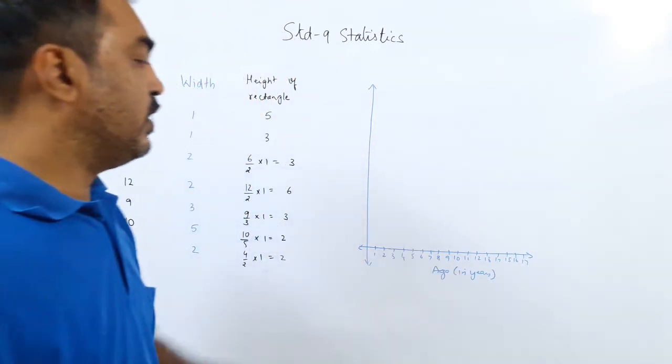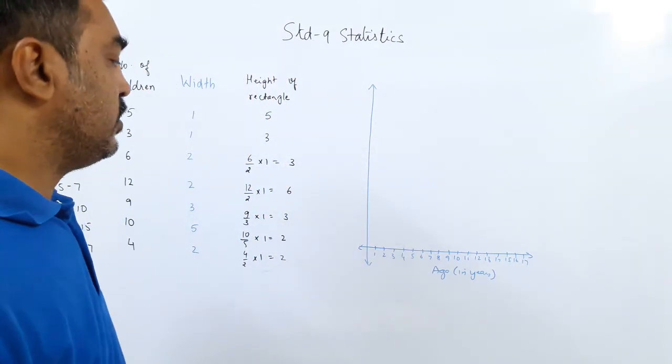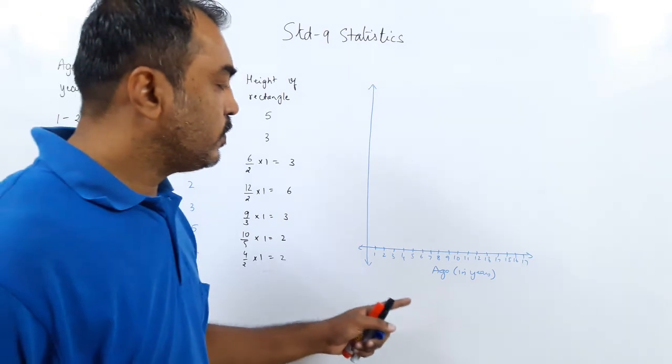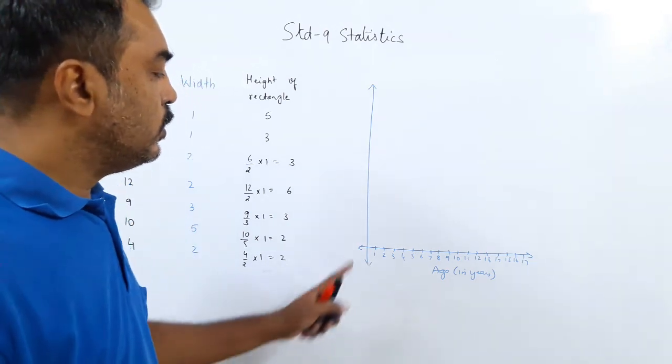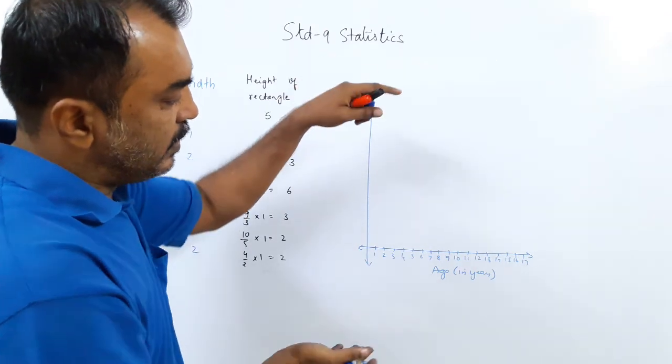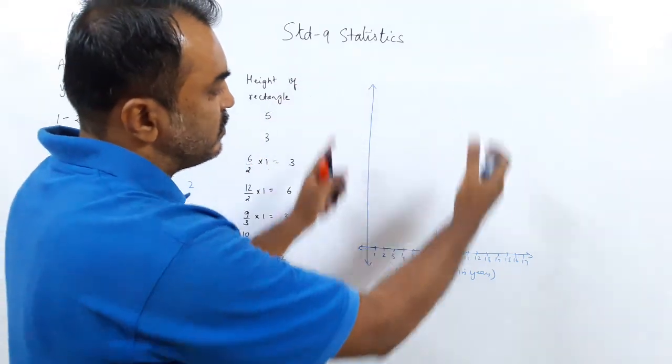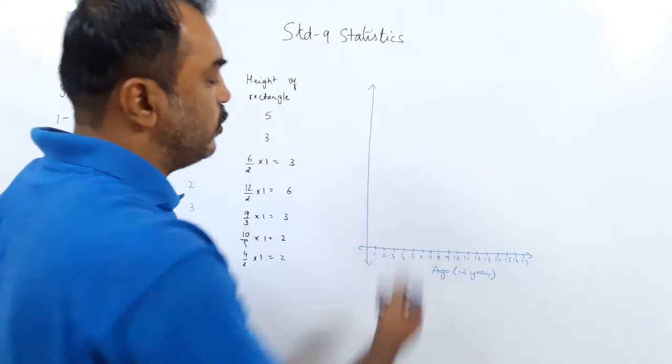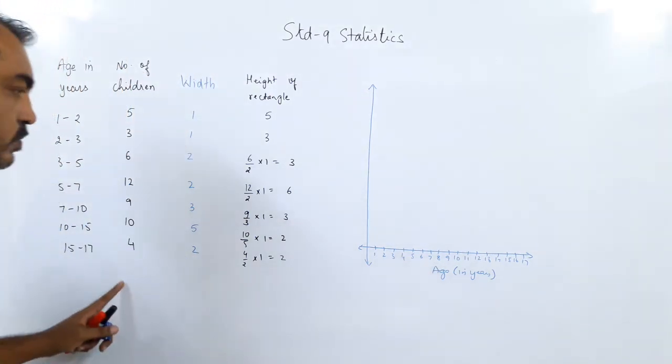If this does not fit, what can you do? You can go into 2, 4, 6, 8, 10, or you can make your graph paper, which is vertical, horizontal and do it the way you want.